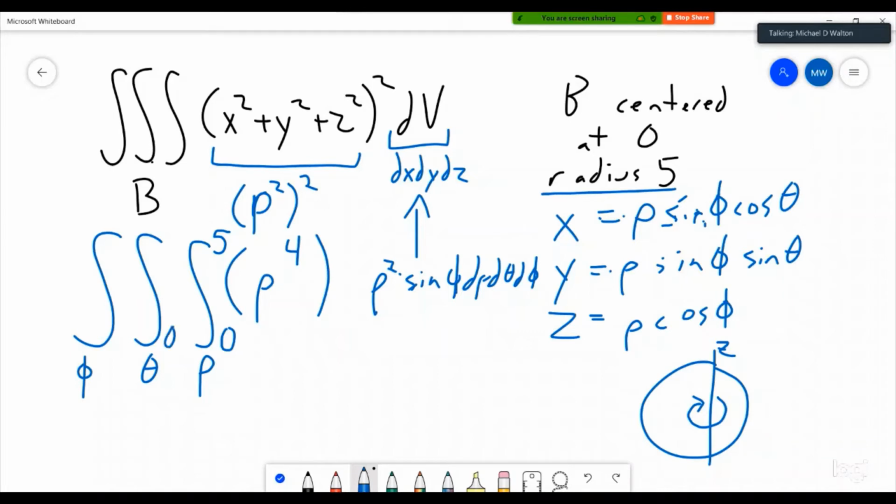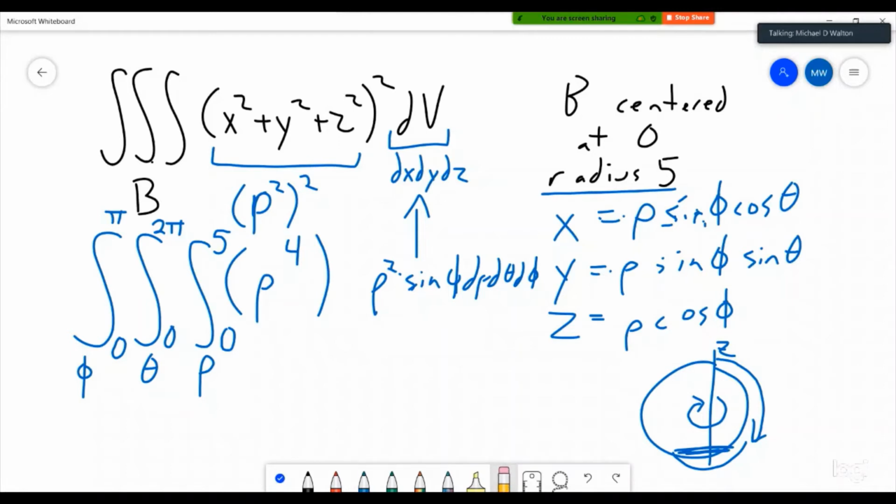So theta goes from 0 to 2 pi. Phi measures the angle down from the z-axis, and phi only goes from 0 to pi, because if we went past pi, we would be double counting some of the stuff at the bottom of the sphere. That gives us the setup for our integral.